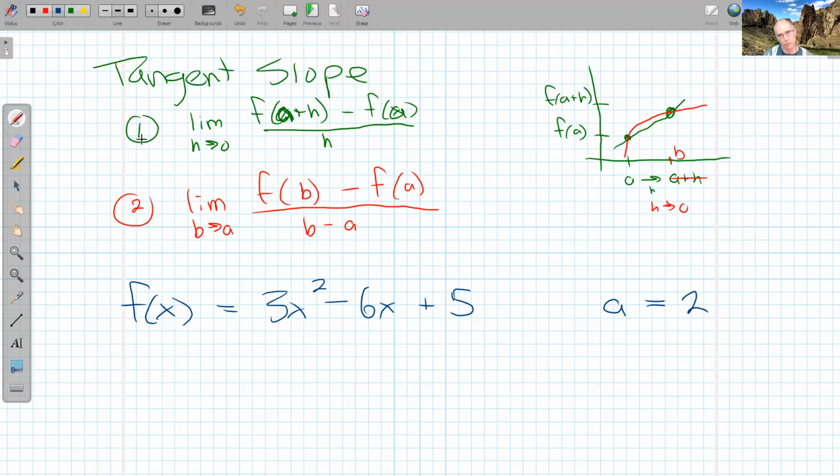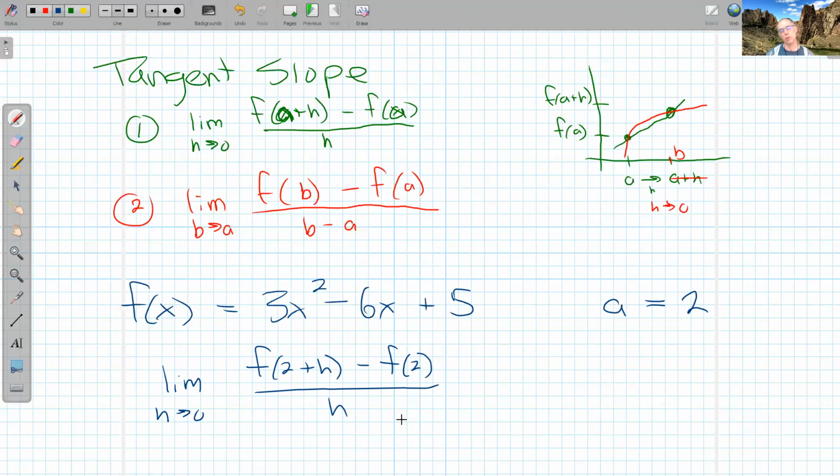And let's use the first method here that we used earlier. Here we're just throwing an h in instead of a delta x. So that means we need to find what is the limit as h goes to 0 of f of 2 plus h minus f of 2 all over h.